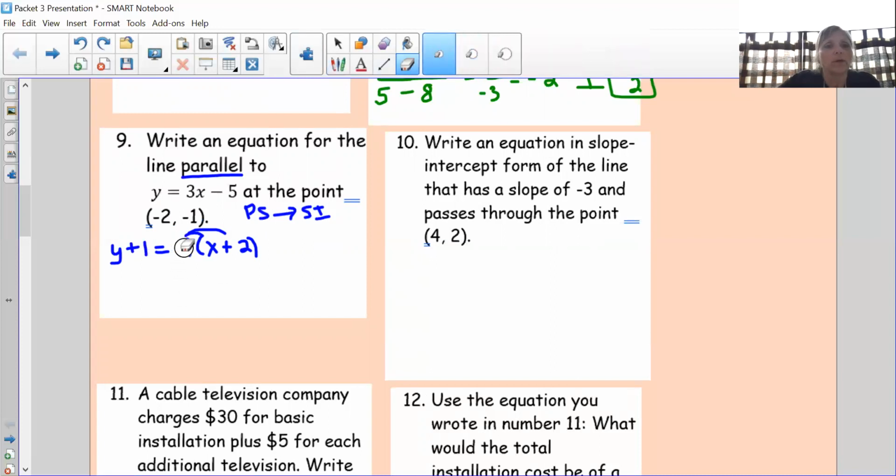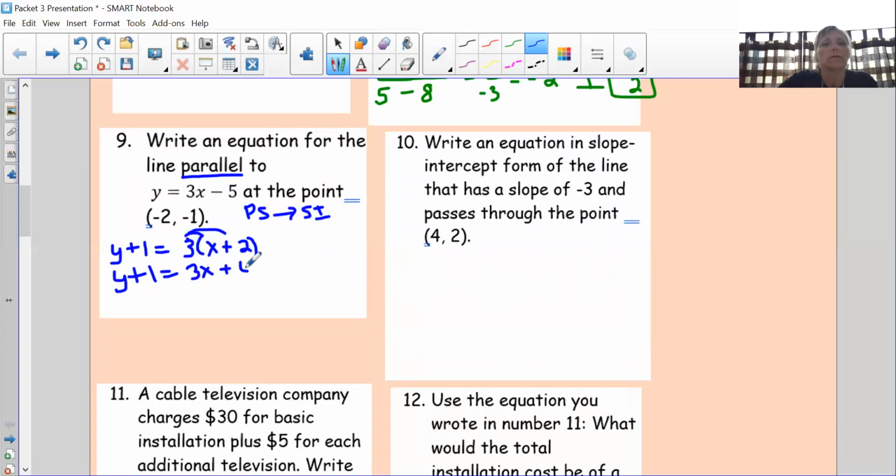This 3 looks a little weird. There, it looks better. Okay, so now we have y plus 1 equals 3 times x is 3x, and 3 times 2 is 6. And then when we subtract 1, okay, this should be our final answer.